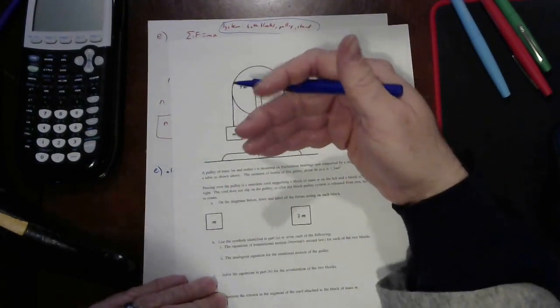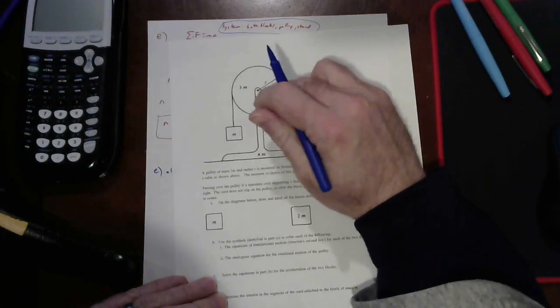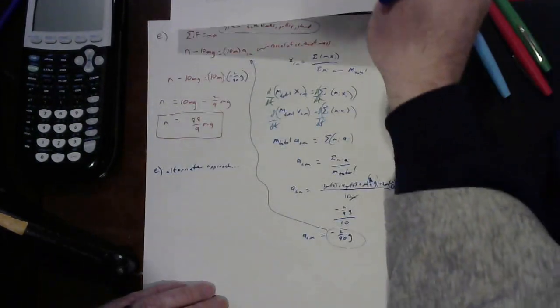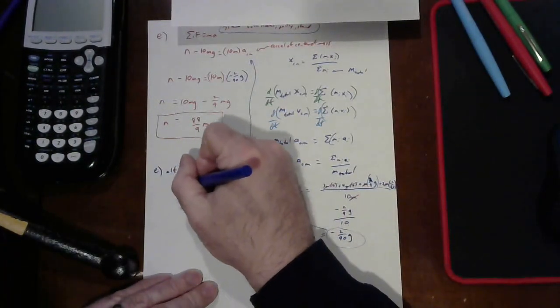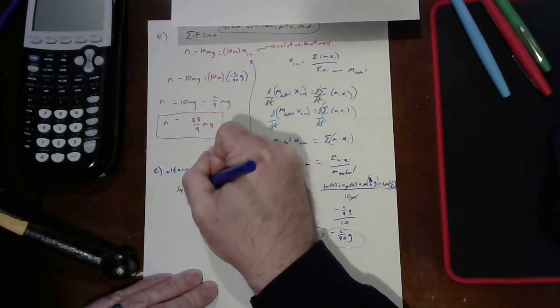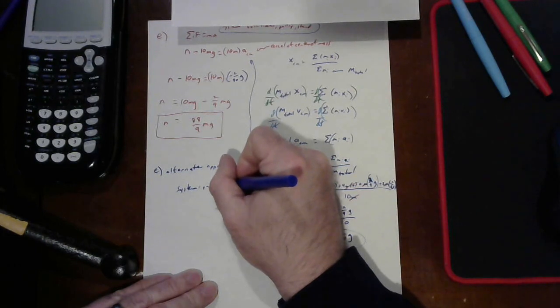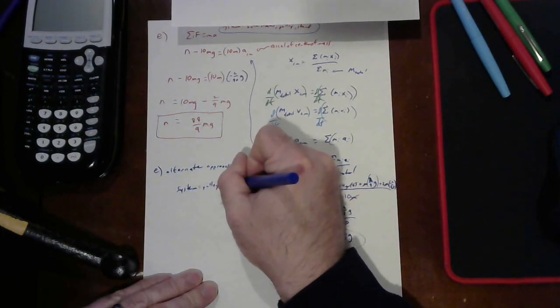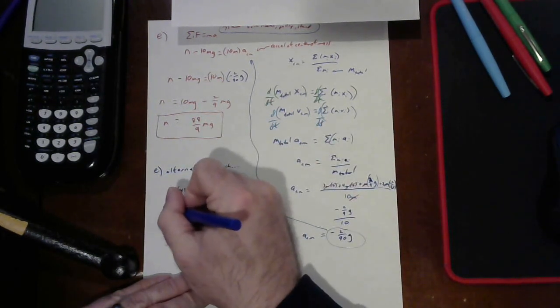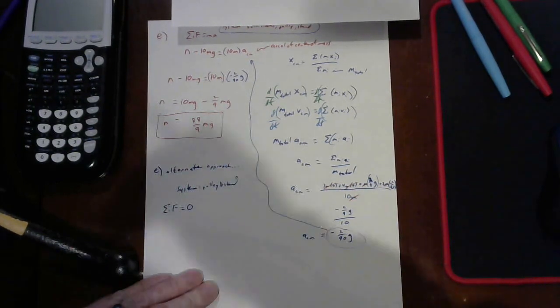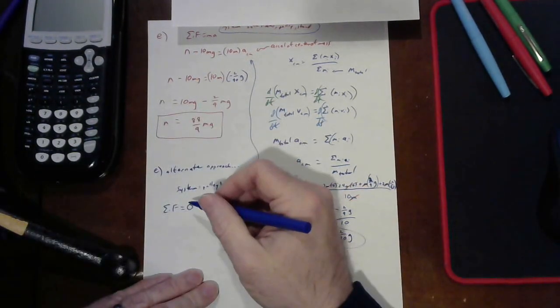So they have to be in equilibrium vertically, right? Those forces have to balance out. So if I do that, and I make my system be the pulley and the stand, that is an equilibrium. So the sum of the forces ought to be 0, right, up and down.